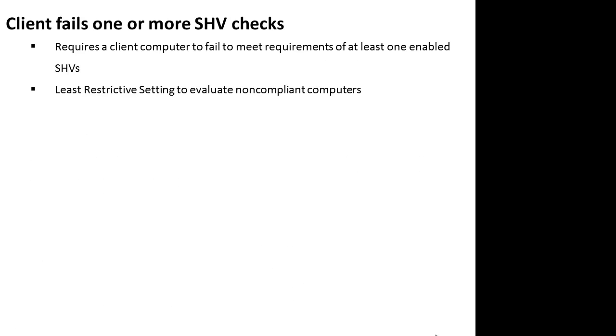The next one we want to look at is client fails one or more SHV checks. This particular setting we'd want to use to create a health policy that requires a client computer to fail to meet requirements of at least one enabled SHV. And this one is the most restrictive setting that you can use to evaluate non-compliant computers.